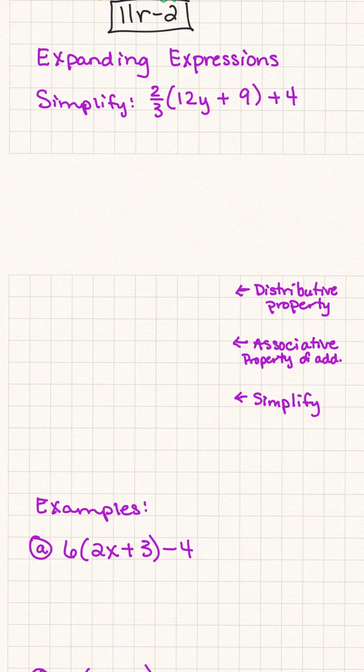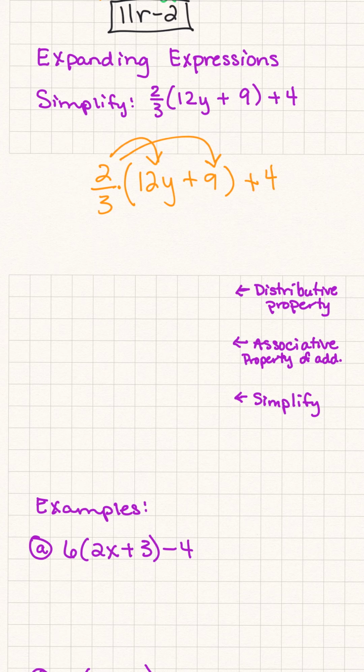So we are going to multiply the 2/3 into 12y and then into 9. That's what happens. This is saying it's being multiplied by both of those terms, so we distribute it.